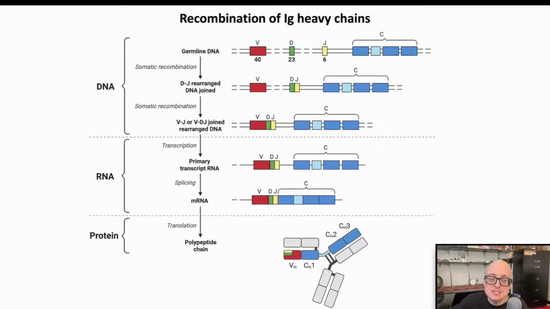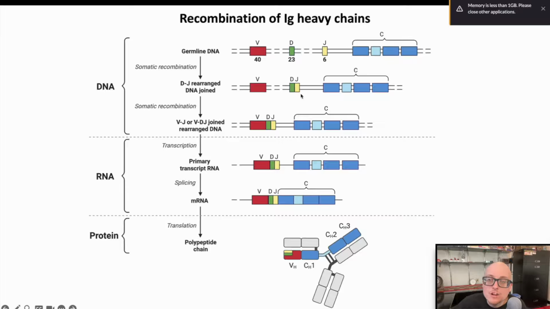There are various mechanisms in place to make sure that happens. So the cell starts with one random D and one random J, and it brings them together. And recall that that means that all of the intervening DNA between whichever D and whichever J is chosen is cut out. And we'll look at molecular mechanisms for how that happens in the next video.